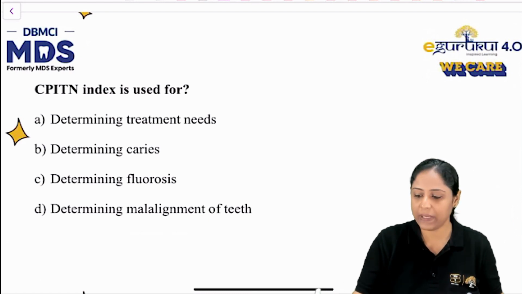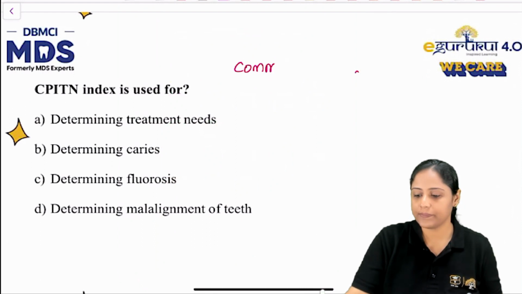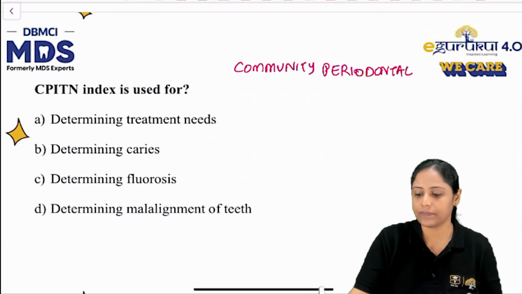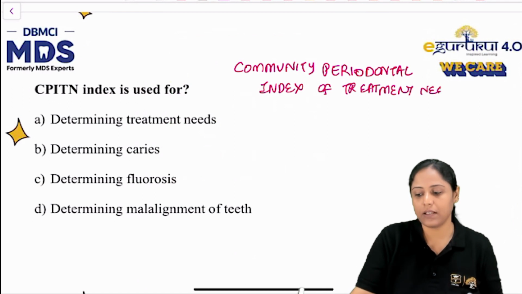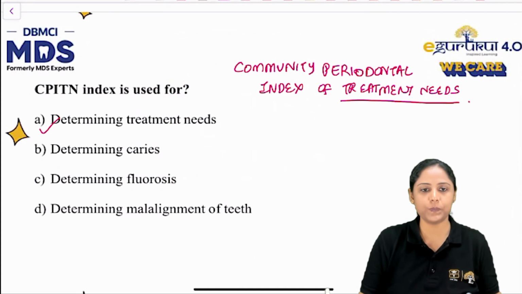The full form of CPI-TN is Community Periodontal Index of Treatment Needs. So when we see the full form, we know that of course choice A is the right answer.